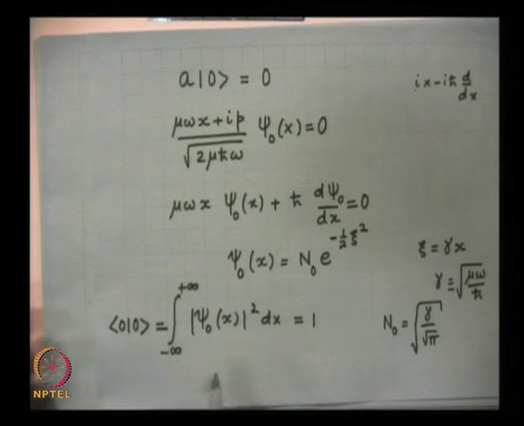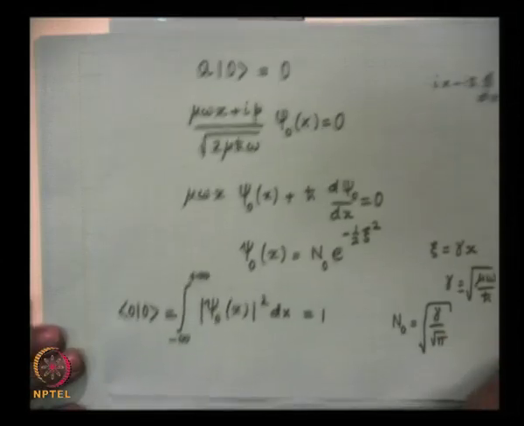Now, I want to find higher order wave functions. So, we now use that we have psi 0 of x, we know. I want to know the higher order wave function.